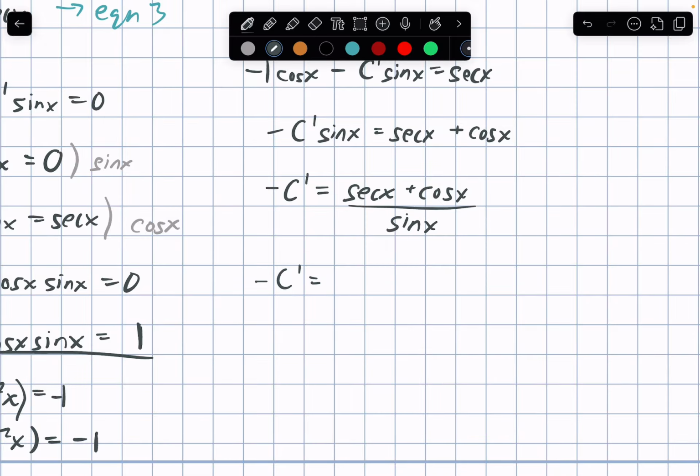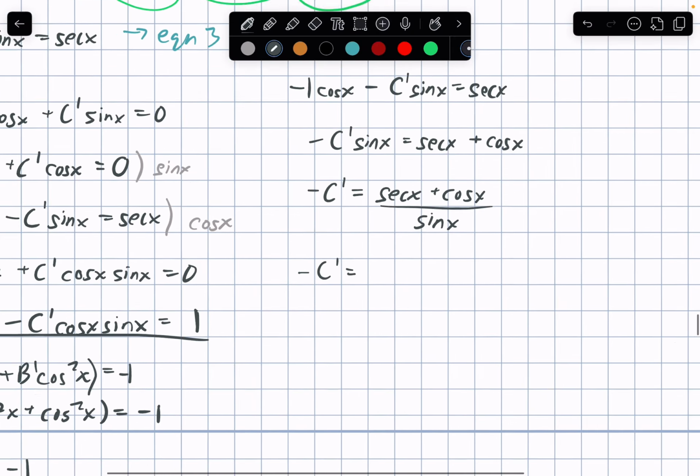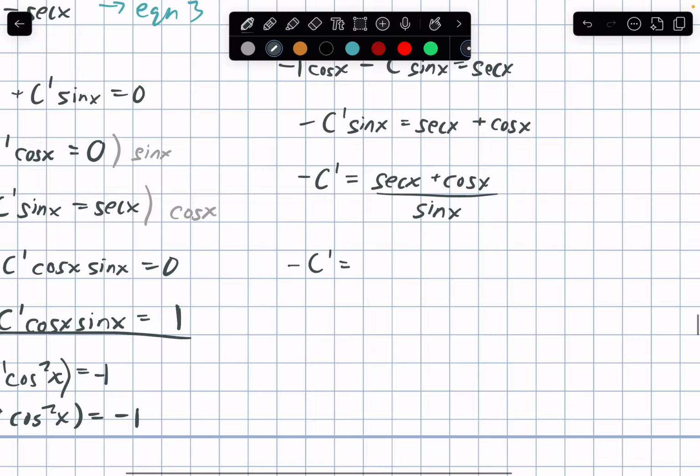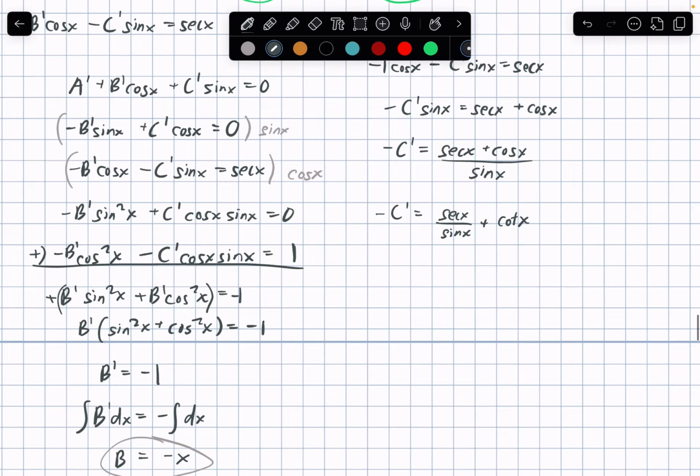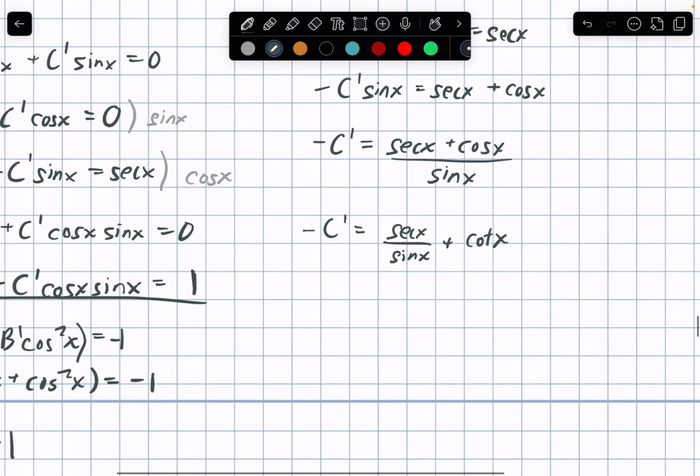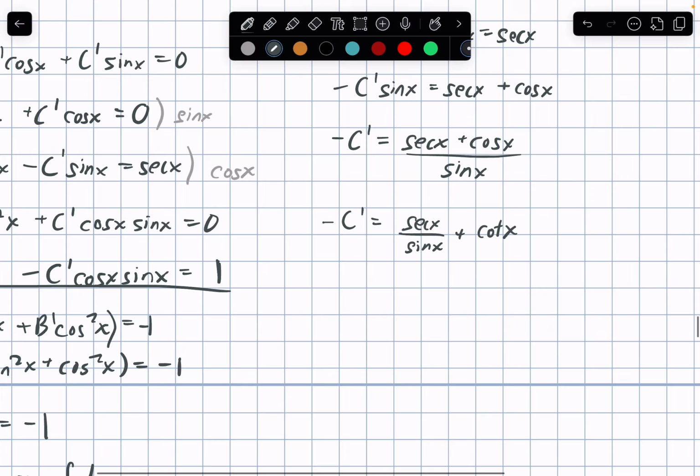This is tricky. Cosine over sine is cotangent x. Good luck with this because we have to actually integrate this later on.